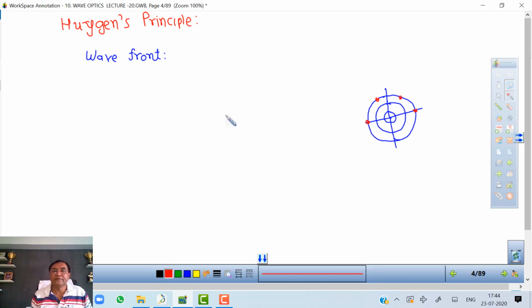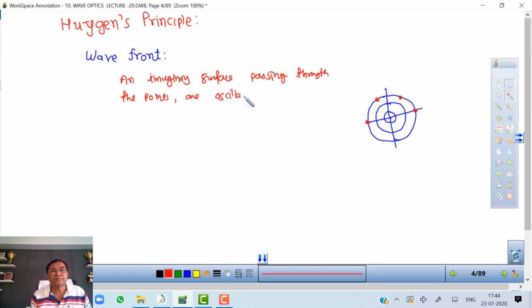In other words, we can say that an imaginary surface passing through the points or particles that are oscillating in the same phase. Or the locus of the points oscillating in the same phase is called wavefront.